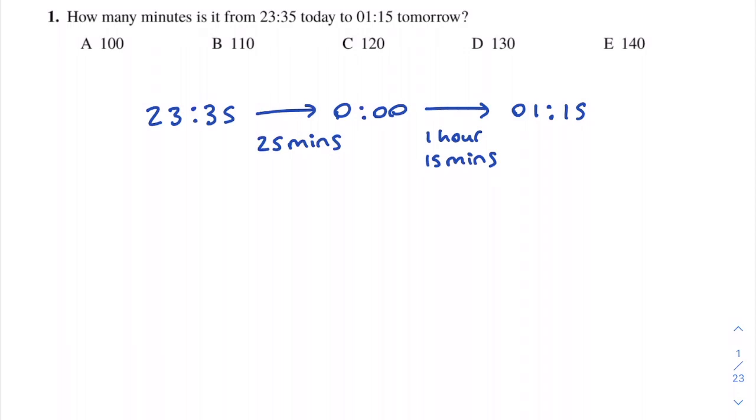Now 1 hour is 60 minutes, so we're going to have 25 minutes plus 60 minutes plus 15 minutes. 25 plus 60 is 85, 85 plus 15 is 100. So therefore our final answer is A, 100 minutes.